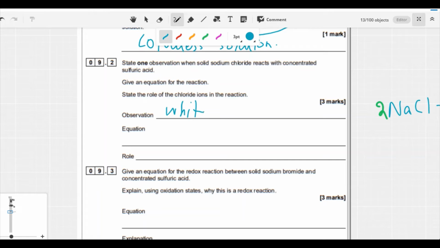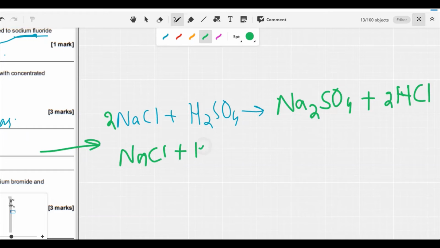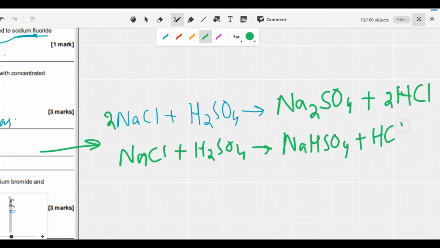So I am going to write the observation: white fumes gas. An equation I already wrote here, or you can write NaCl reacts with H2SO4 to form NaHSO4 plus HCl. Okay, both equations are correct.